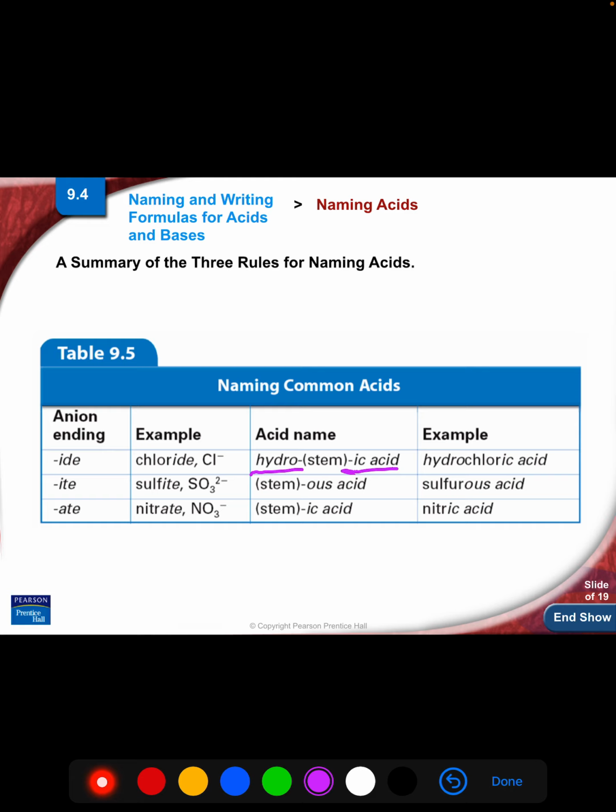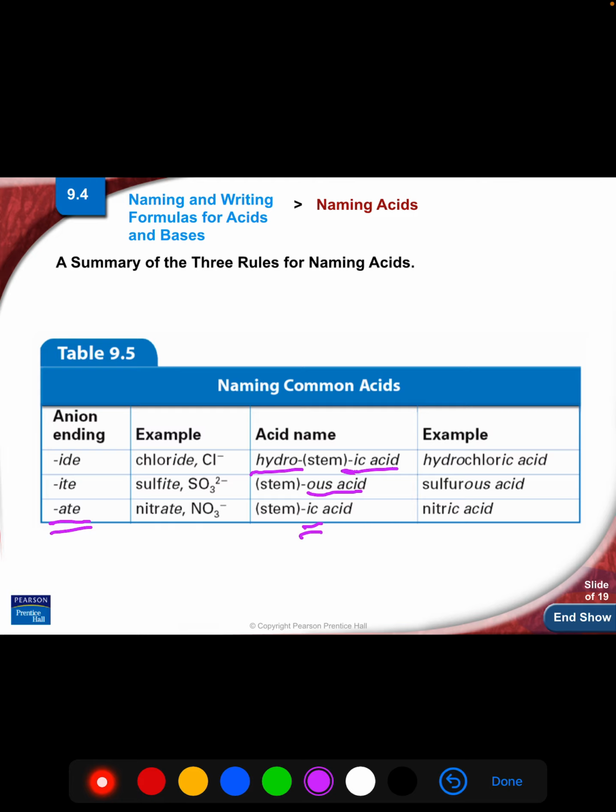If it ends in, I'm going to go to the one that's more common, and that is if it ends in ate, as in nitrate, sulfate, phosphate, it becomes the ic acid. So, for example, phosphate would become phosphoric acid, another common laboratory acid. And then finally, the ites, like sulfite, becomes the ous acid, as in O-U-S ending, and becomes sulfurous acid.